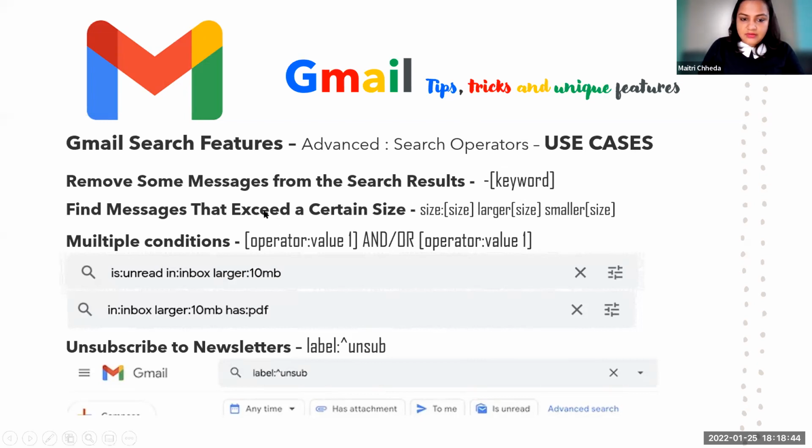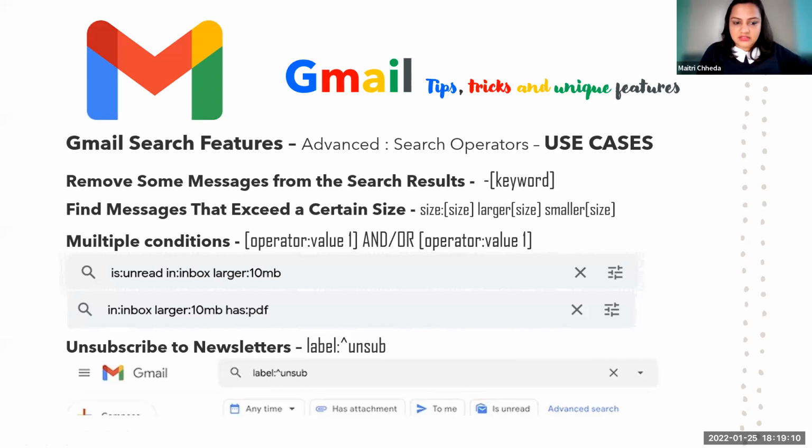Now, one more important thing: if you are using Gmail with a limited storage, say maybe 15 GB or even 30 GB basic version, then size does become a problem, right? Because we constantly keep getting attachments upon attachments from clients and from everybody, and you want to delete certain attachments or files which are older.